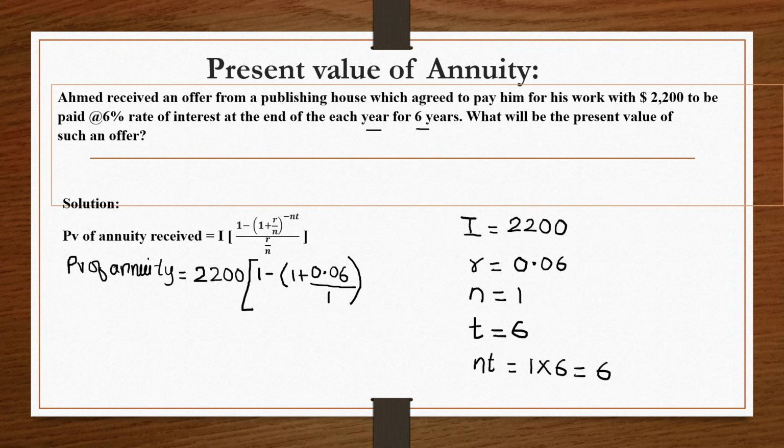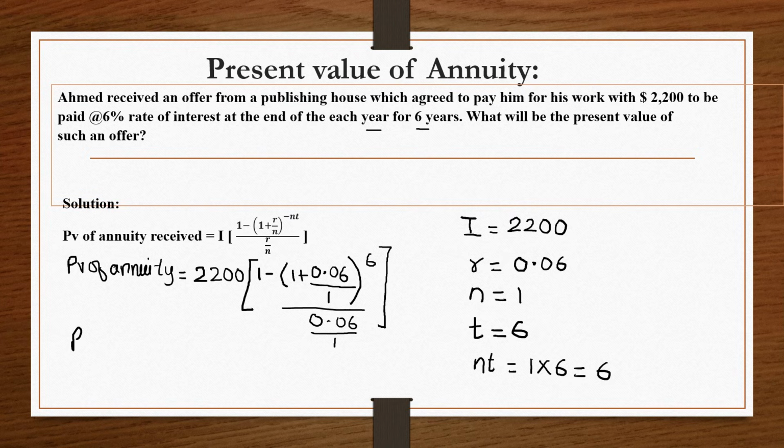What is my NT? My NT is 6, so it is minus 6. The bigger bracket we will close. It is not complete yet, divided by R. What is my R? 0.06 divided by 1.